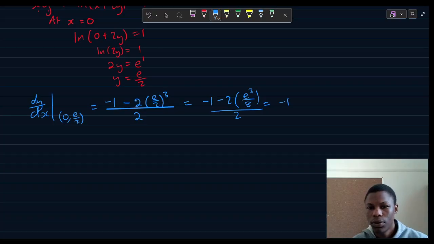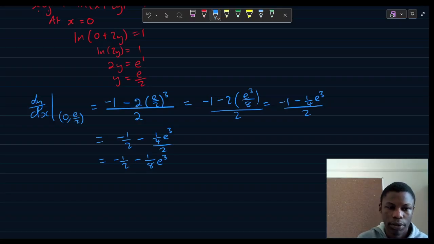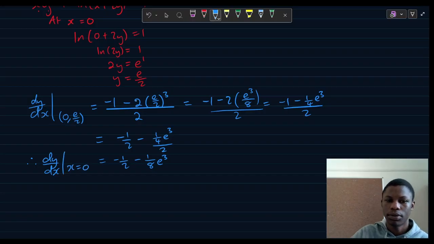We've got negative 2 over 8, which is negative a quarter, e cubed all over 2, and then now I'm just going to distribute the 2, so negative 1 over 2, negative a quarter, e cubed over 2, which is negative 1 over 2, negative 1 over 8, e cubed. So that will be our final answer. The gradient at x is equal to 0 is equal to that.